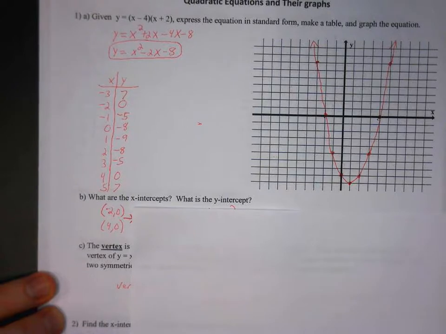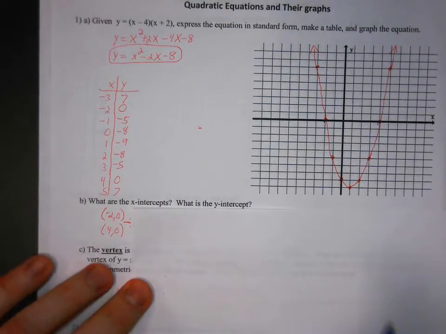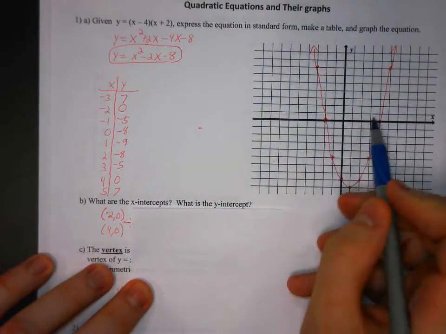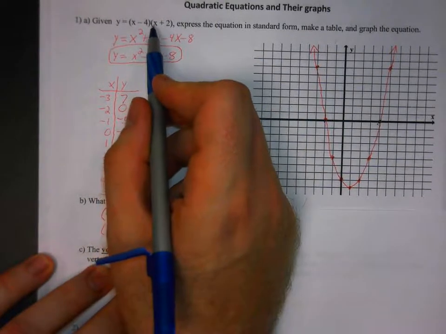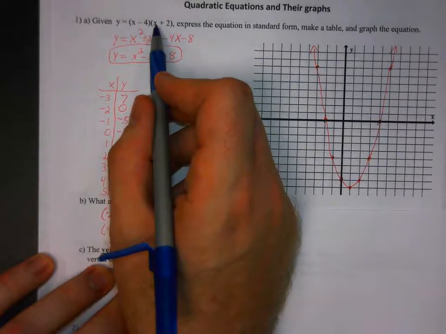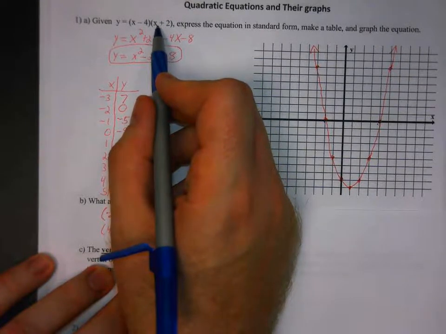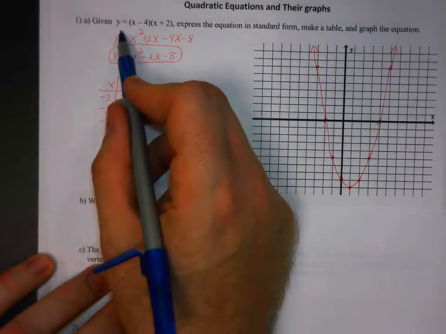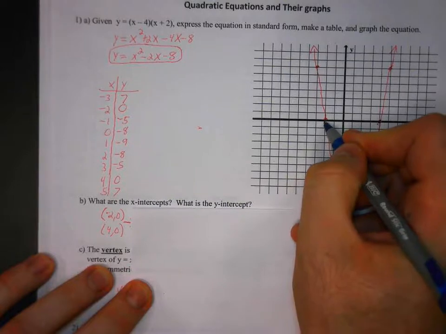Now, part of the idea here with quadratic equations and their graphs is to see the relationships going on. Notice that negative 2, 0 and 4, 0, those two x values, if you go to your factored form, notice that when x equals negative 2, negative 2 plus 2 gives you 0. So that means when x equals negative 2, y equals 0, which gives us this x-intercept.